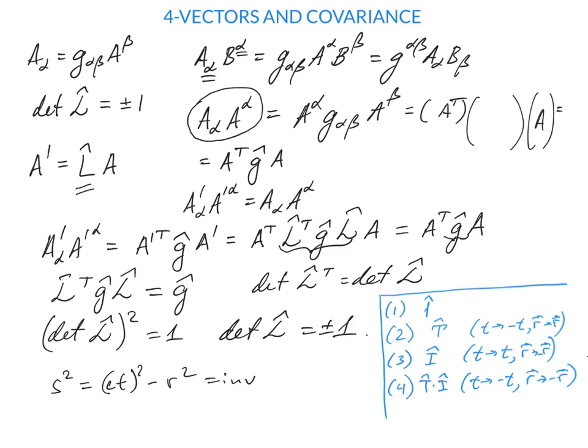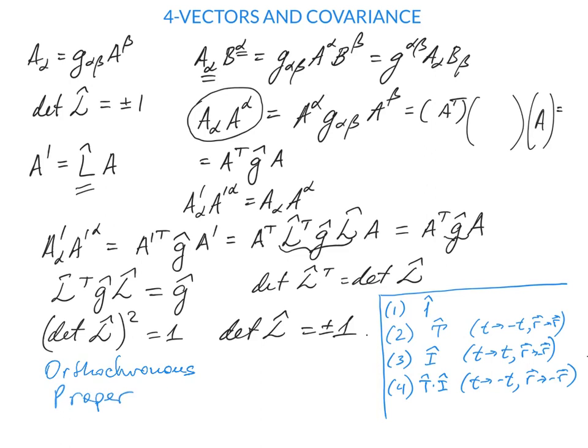Now, the one that we'll be dealing with that is relevant to special relativity is the component number 1. There are special names to distinguish these different kinds of transformations. Those that preserve the direction of time are called orthochronous, and those that preserve the orientation of the reference frame are called proper.